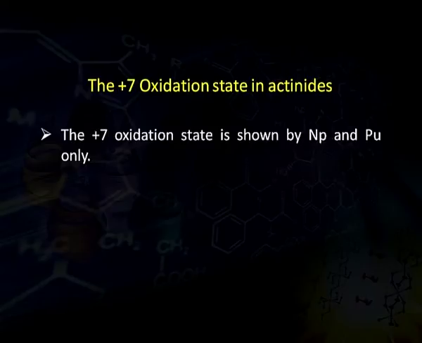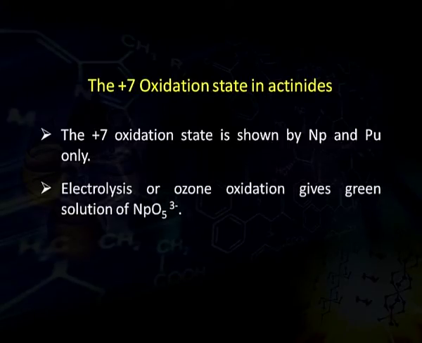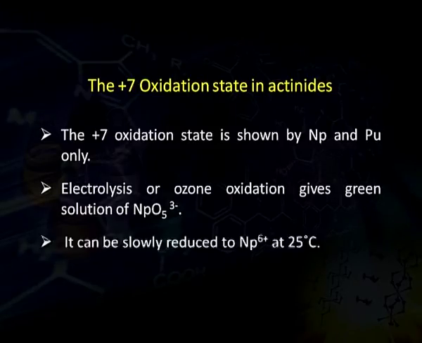The last one is the +7 oxidation state in actinides. The +7 oxidation state is shown by neptunium and plutonium only. The electrolysis of ozone oxidation gives a green solution of neptunium pentoxide with +7 oxidation state. It can also be slowly reduced to the +6 oxidation state at 25 degrees centigrade.